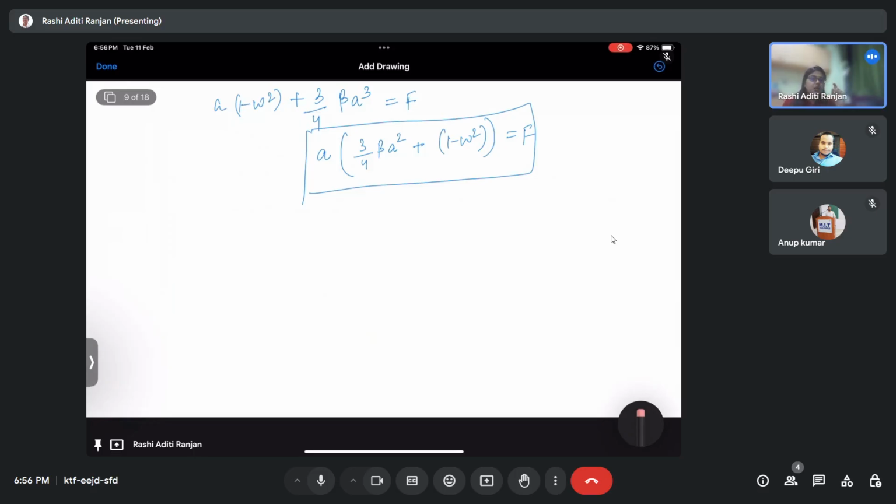If you change the value of omega, you're going to get three values of A, and it is possible that at some value of omega you have only one positive value, at some value of omega three positive values, and again one positive value. The other two values could be negative or complex conjugate. If you try the numerical experiment, you will see this kind of behavior of the system.